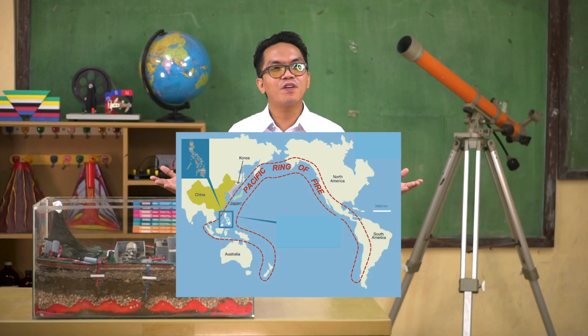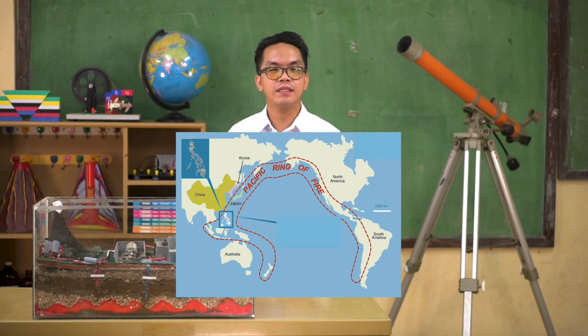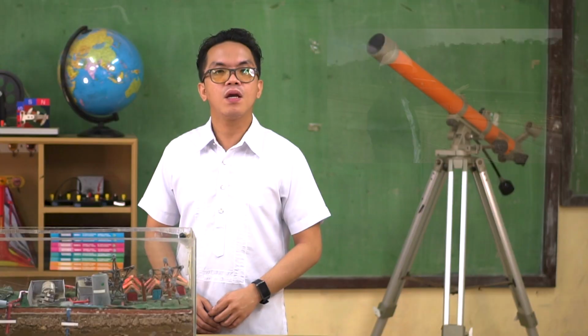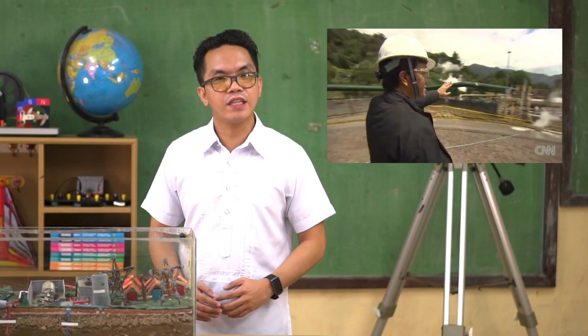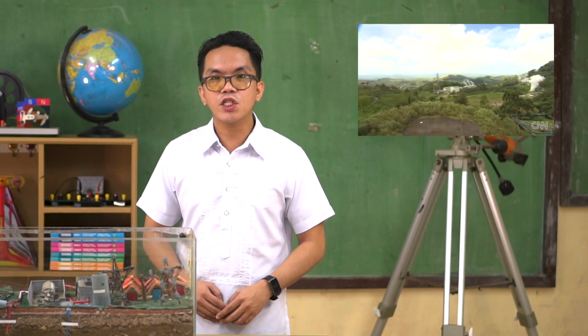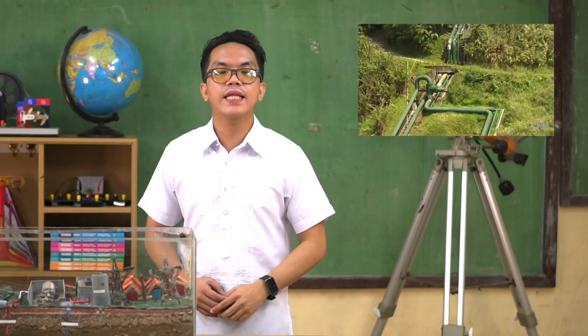The islands of the Philippines sit over a tectonically active area, the Ring of Fire, that rims the Pacific Ocean. Government and industry in the Philippines have invested in flash steam power plants, and today, the nation is second to the United States in its use of geothermal energy.